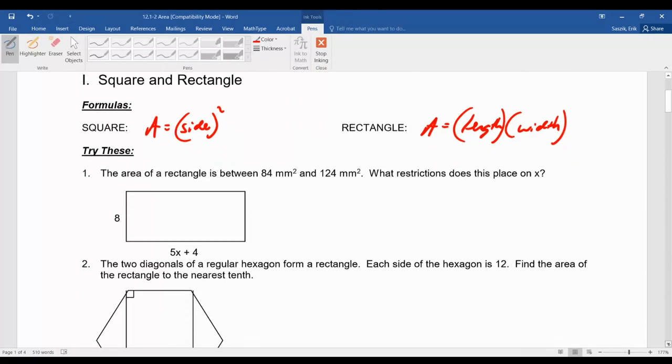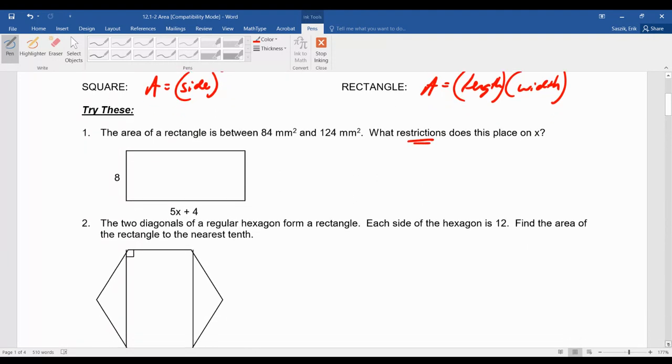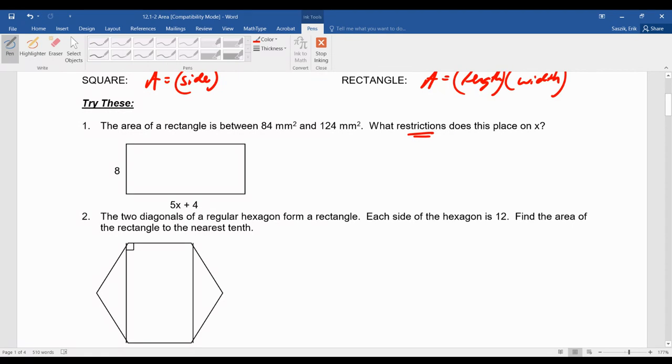So here, this is like a restriction problem. It says, what restrictions does this place on x? So you know that your area has to be between these things. So we know that the length times the width has to be less than 84 and greater than 124. I don't know how often you've seen inequalities like this. It's not hard to solve, but I just wanted to put it out there because sometimes you do see this.